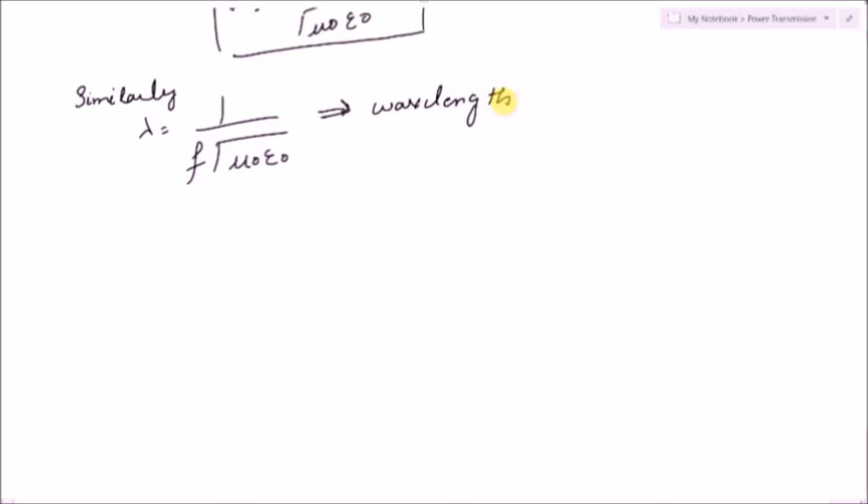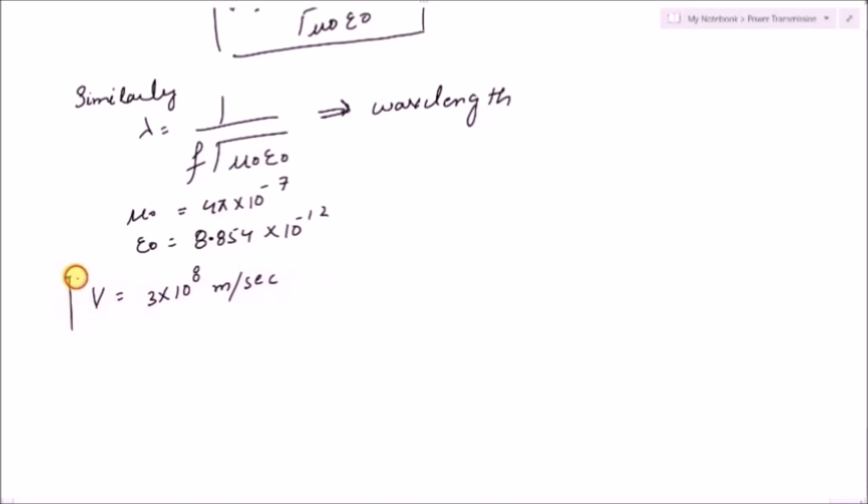And after calculating the velocity of propagation, I am taking the values mu naught equal to 4 pi into 10 raised to minus 7, and epsilon naught equal to 8.854 into 10 raised to minus 12. So the velocity of propagation will be 3 into 10 raised to 8 meter per second.